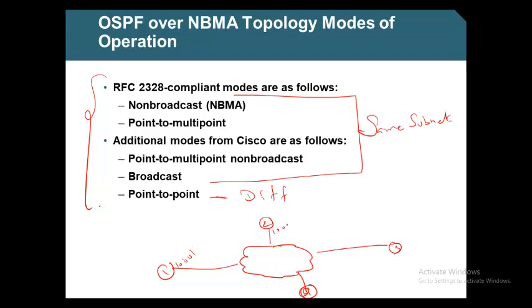You got frame relay here. But you cannot make point to point because it is in the same subnet. If it is point to point, how should it be?